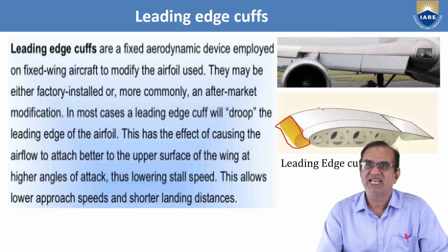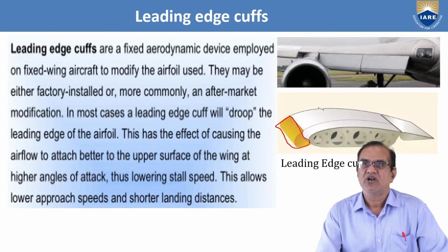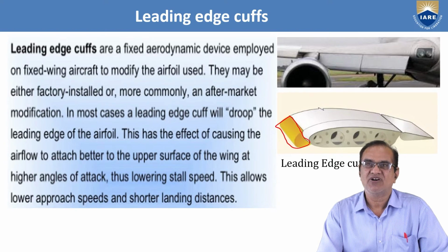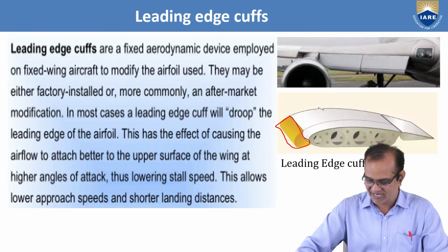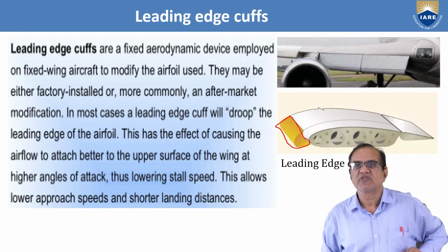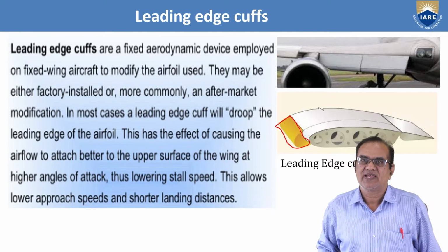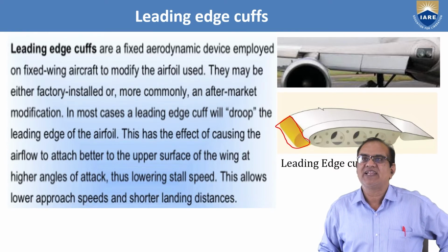In most cases, a leading edge cuff will droop the leading edge of the airfoil. This has the effect of causing the airflow to attach better to the upper surface of the wing at higher angle of attack, thus lowering the stall speed. This allows lower approach speed and shorter landing distance. So it is used to lower approach speed and shorten the landing distance.